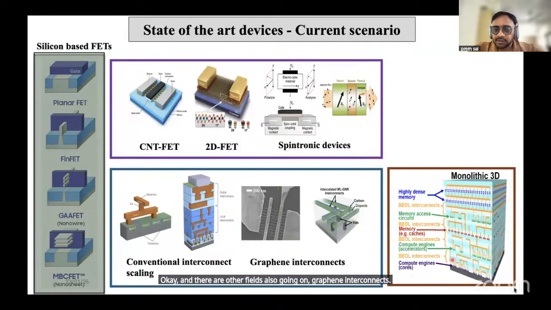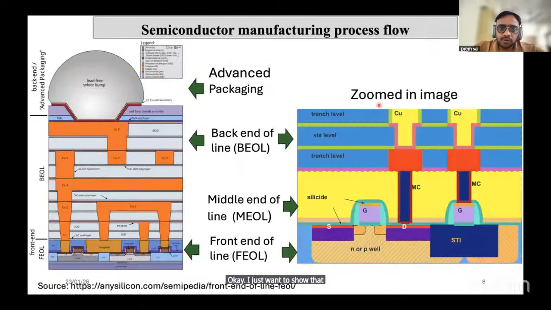Here, if you see, there is a stacking of memories and accelerators and all. Nowadays, people like NVIDIA are all following this kind of integration of different functionalities in the 3D direction. I just wanted to show that.